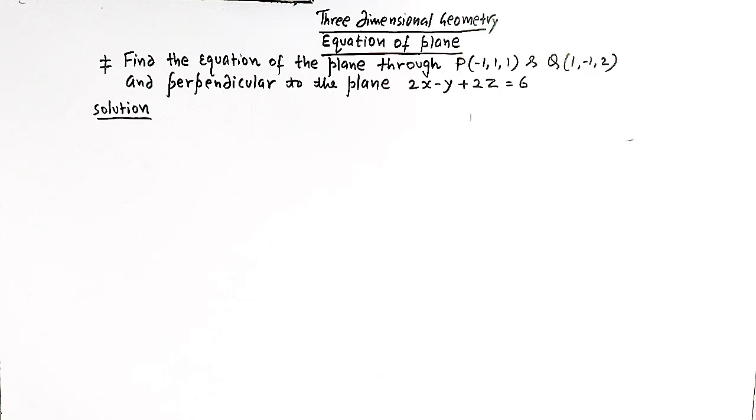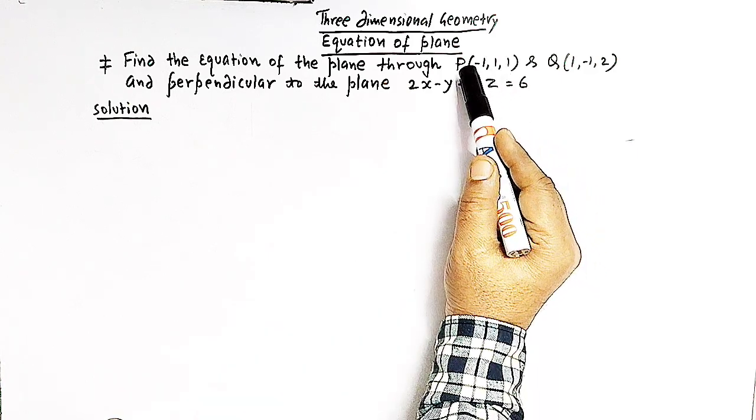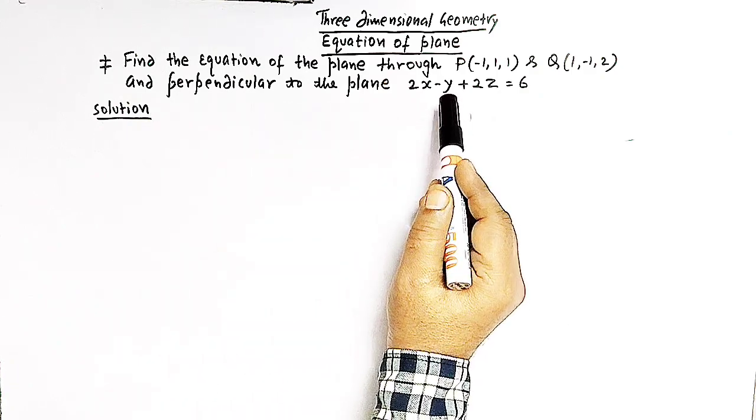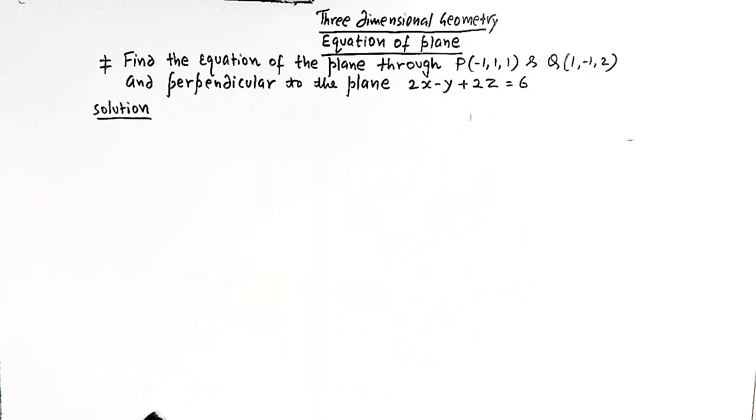So here we'll see how we can find out the equation of a plane which contains these 2 points, and it is perpendicular to this given plane.